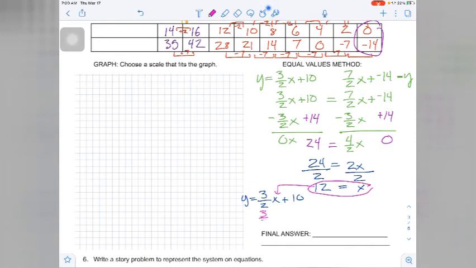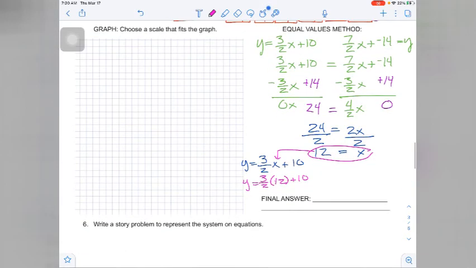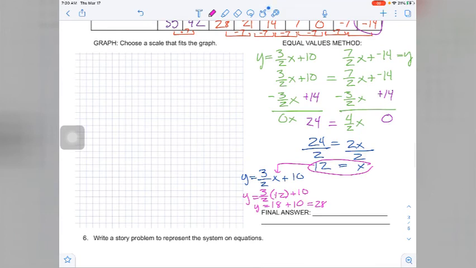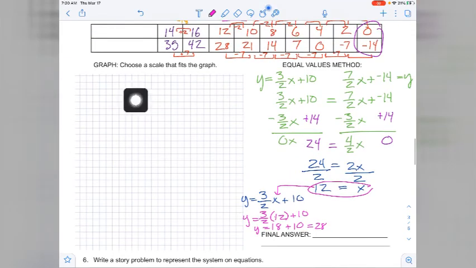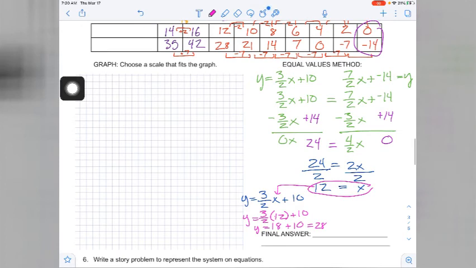So y is equal to 3/2 of 12 plus 10. To figure out what 3/2 of 12 is, I do 3 times 12, which is 36, divided by 2, which is 18, plus 10, so y has to equal 28. And by the way, that matches my table up here, 12 and 28.